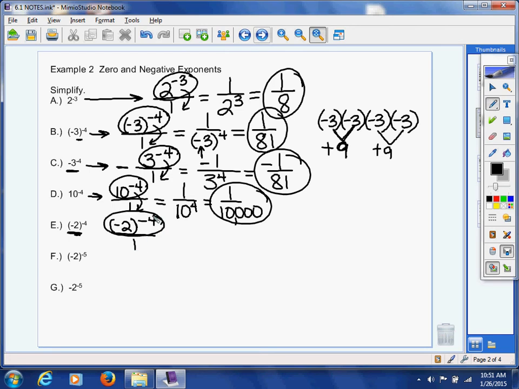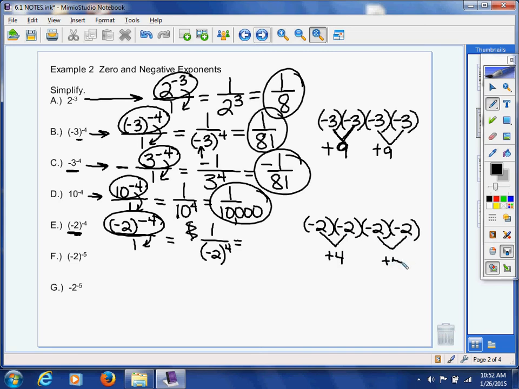And I want to bump it down so that that -4 power becomes +4. And then you're going to end up with, same deal up top with the 3's, -2 times -2 times -2 times -2. And look what happens: every pair, a negative times a negative, you get a positive. Same situation here, positive.